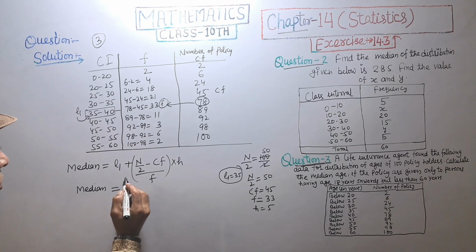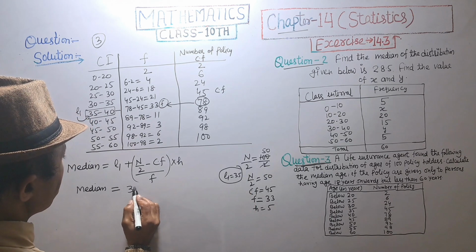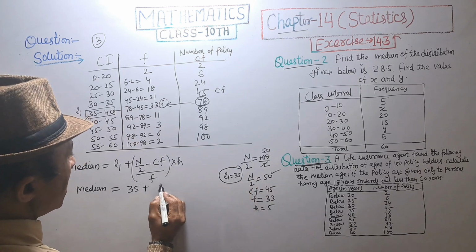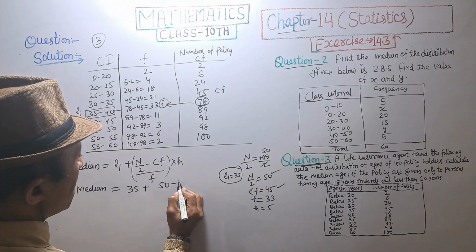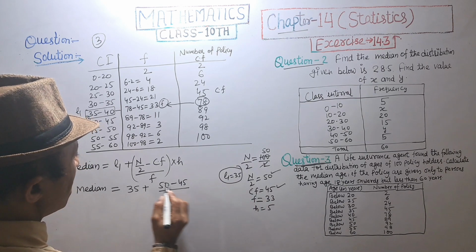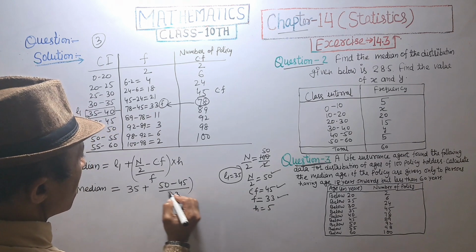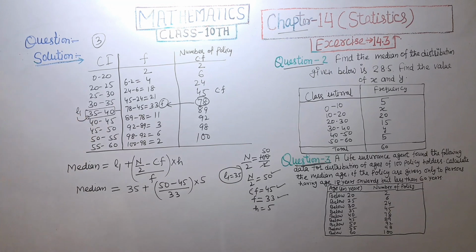Median is equal to L1, which is 35, plus N/2 equal to 50, minus CF equal to 45, divided by F equal to 33, multiplied by H equal to 5.